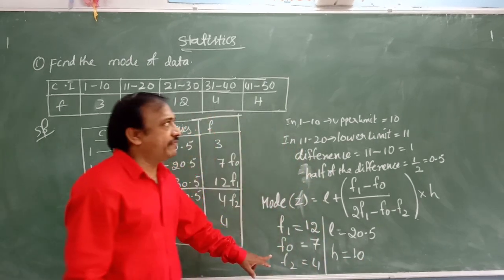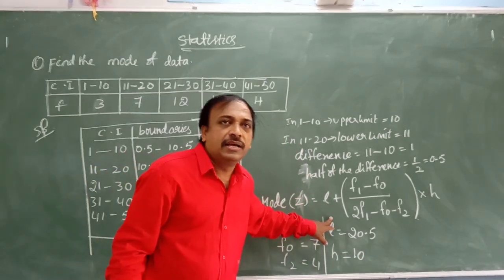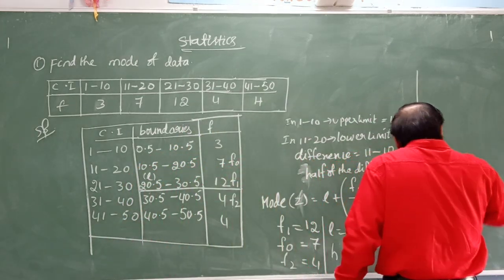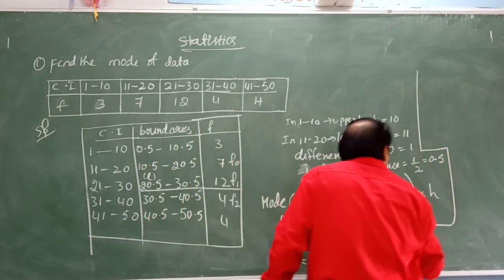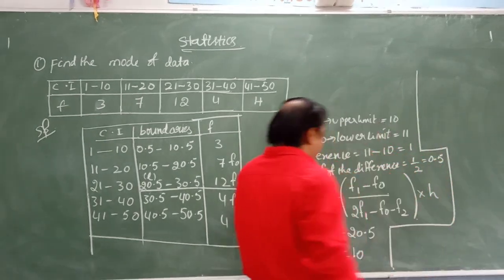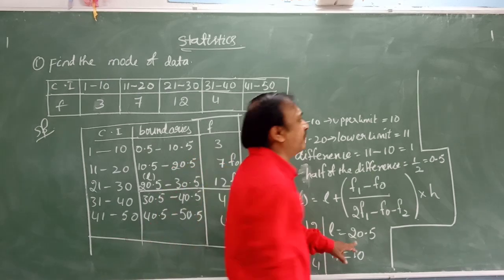Now if you substitute these values in this formula, you will obtain the mode. Observe it: L plus, what is the L value? 20.5.